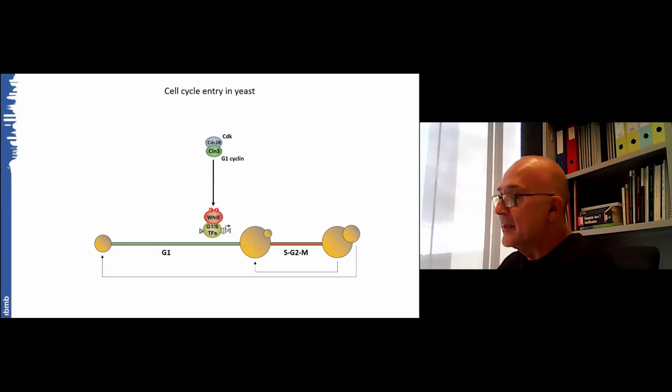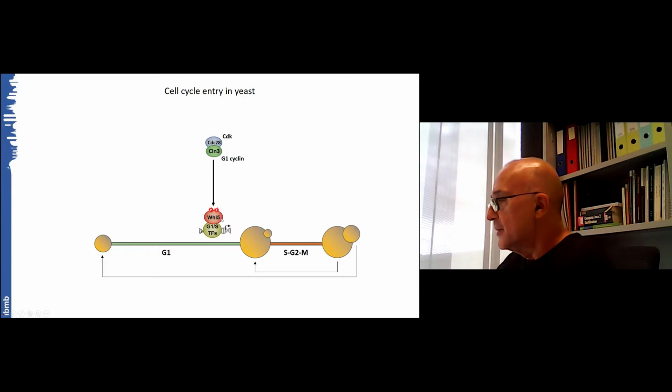And the main idea that everybody accepts regarding cell cycle entry is that we have a particular level of CDK cyclin activity that eventually, while the cell grows in G1, will be able to start phosphorylating Whi5, which is the pRB homolog in our cells.